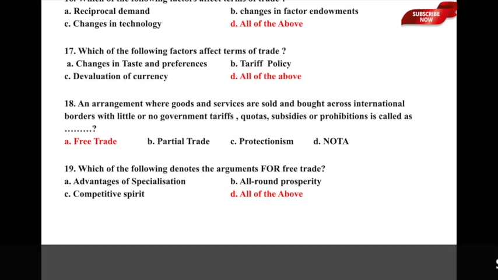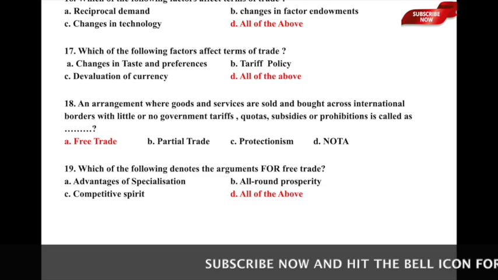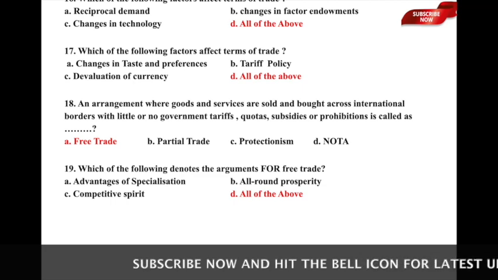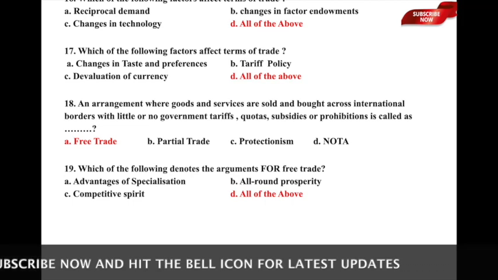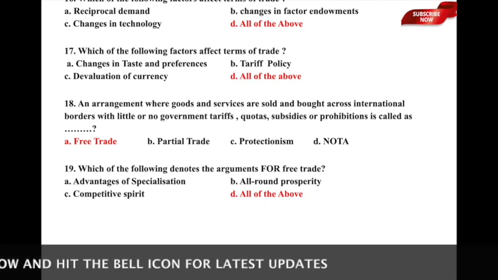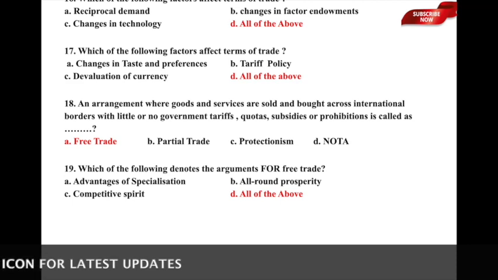An arrangement where goods and services are sold and bought across international borders with little or no government tariffs, quotas, subsidies, or prohibitions is called what?